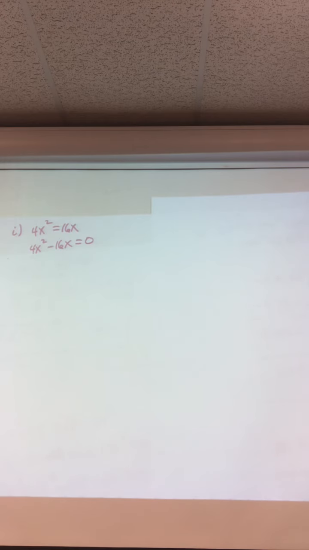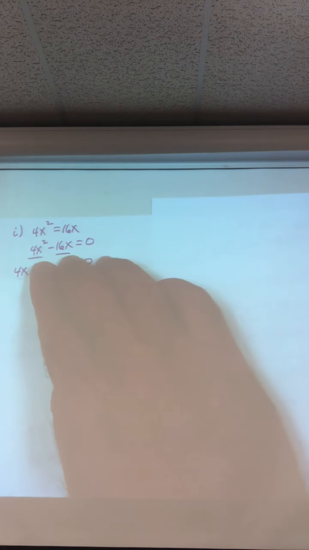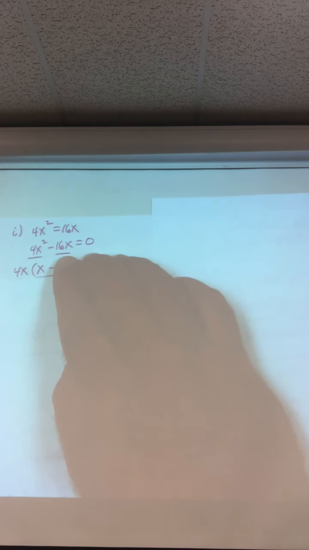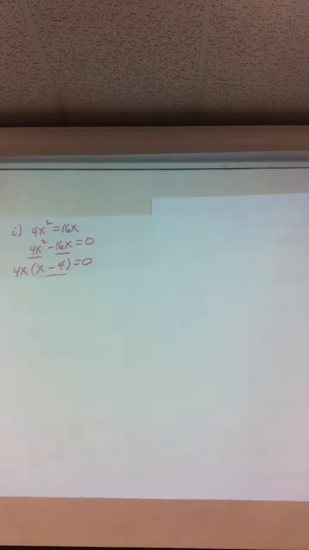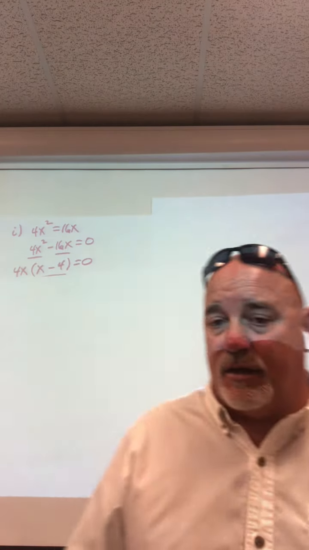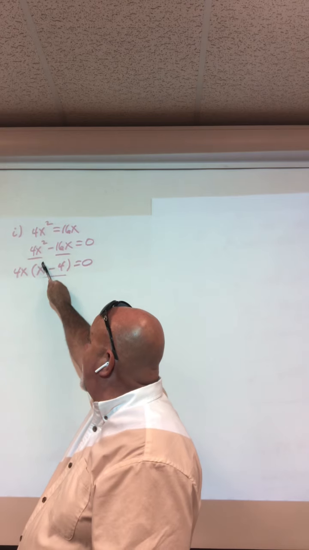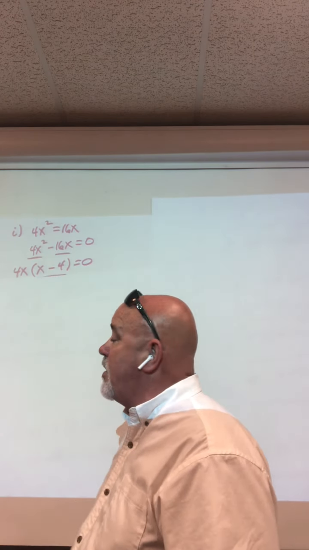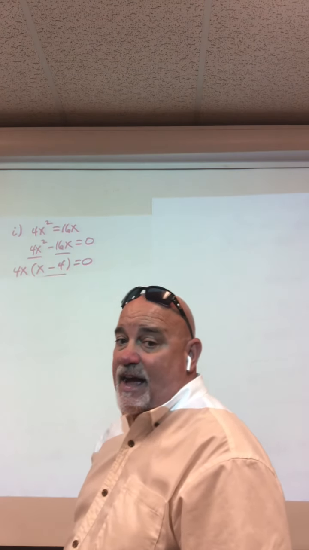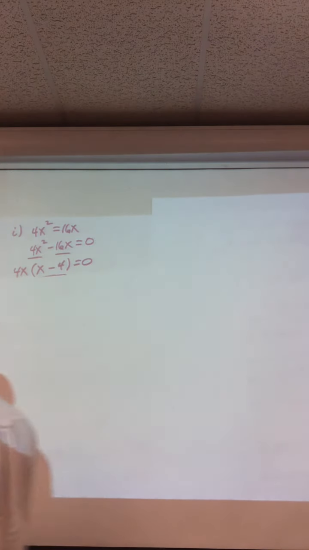And when I factor a 4x out, if you divide 4x into 4x squared, you're left with x, minus, and 4x into 16x is just 4, equals 0. Now, if you say your GCF is just 4, you're not going to get to the right 2 solutions. So it's 4x. No, this doesn't factor again because this is not x squared. It's just x. All right, now what do we do? It's factored. Set both of these equal to 0.